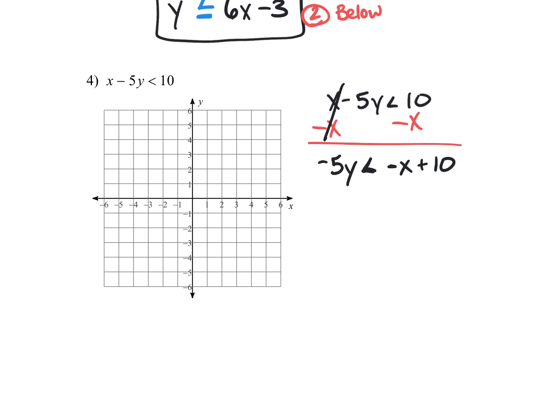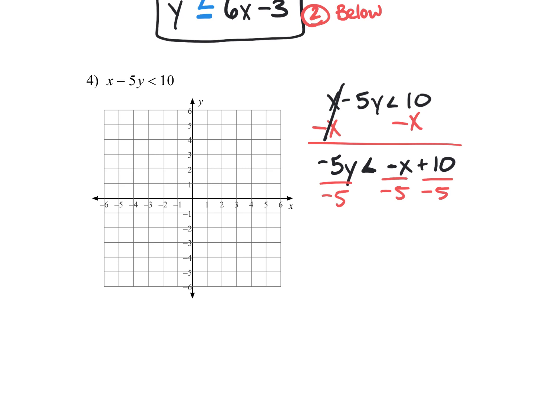Now, is y by itself? No. How do you undo multiplying by a negative 5? You got to divide it. And if you do it to one side, you've got to do it to everything on the other side. Okay.